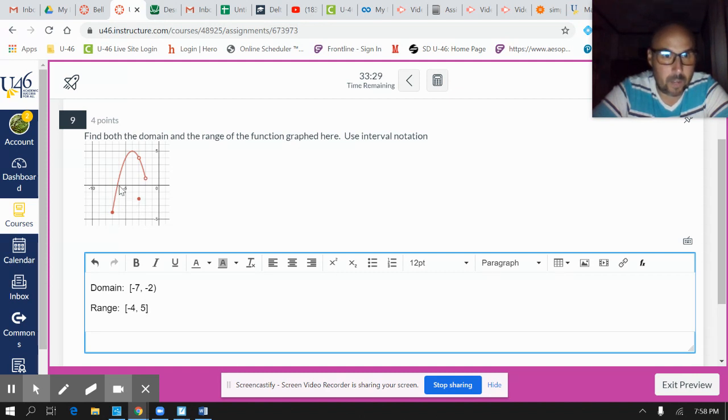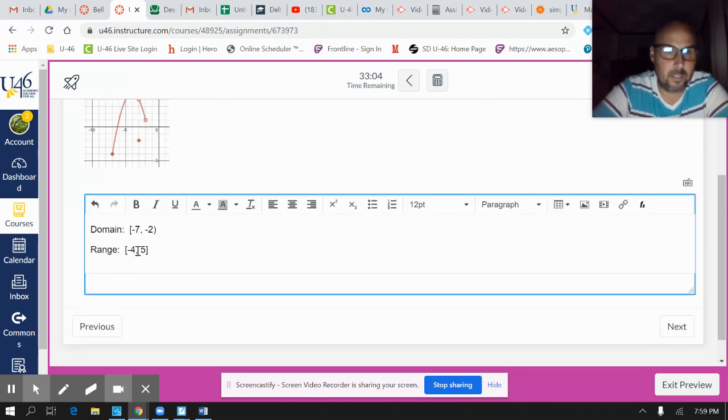There's 0 as a y value. 1 is included, not here, but 1 is included here. In fact, every y value between -4 and +5 is on this function. Even +4. +4 as a y value isn't here on the function, but it is here. So it's part of the range. This is the correct answer for domain and range.